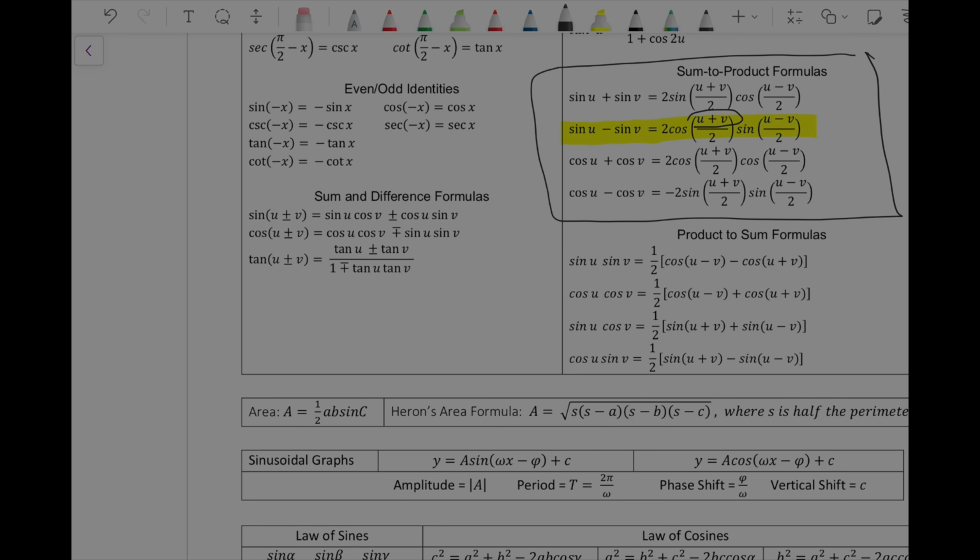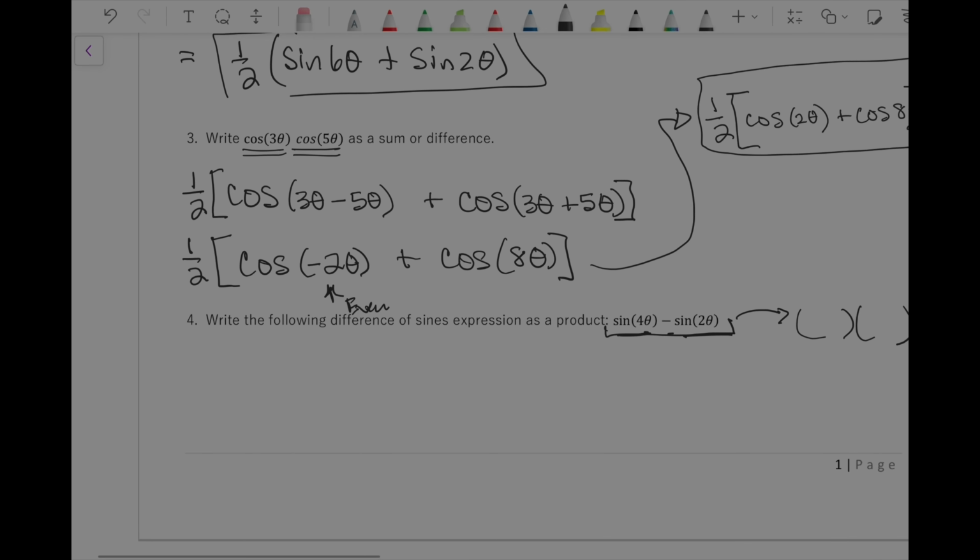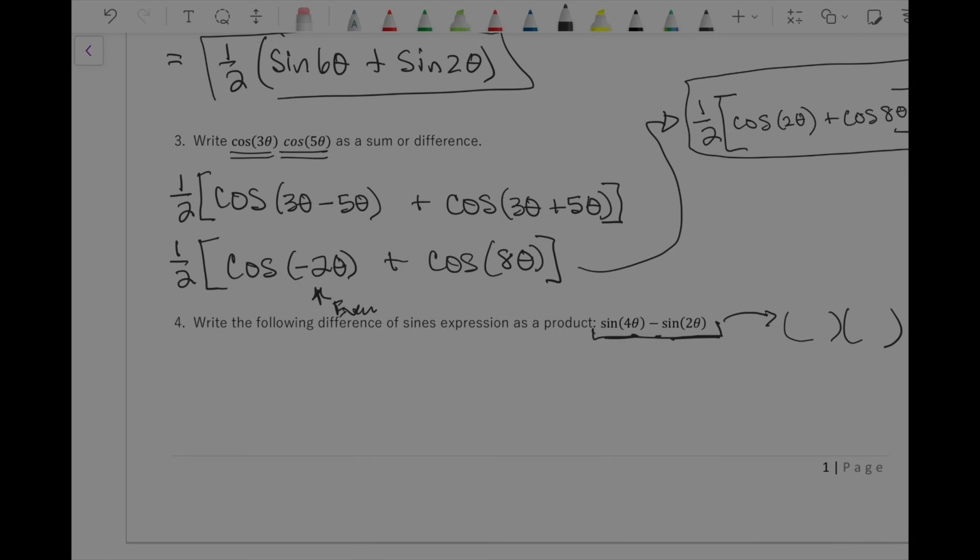We'll have a u plus v, and then the second one will be a u minus v. Is it going to be sine first, or did I make an error?